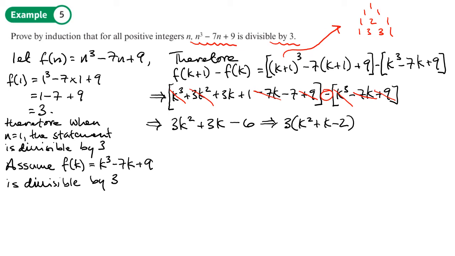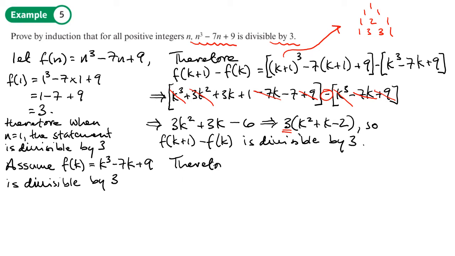Okay, so here we go. There's 3 times something, so it means we can just write down f of k plus 1 minus f of k is divisible by 3. So we can just write something down like this.